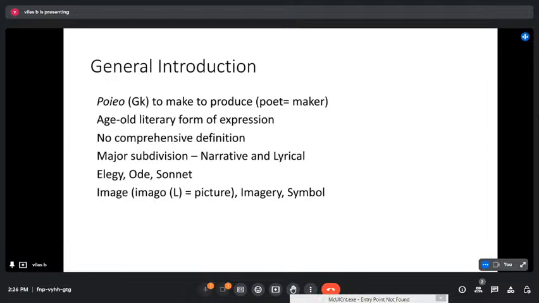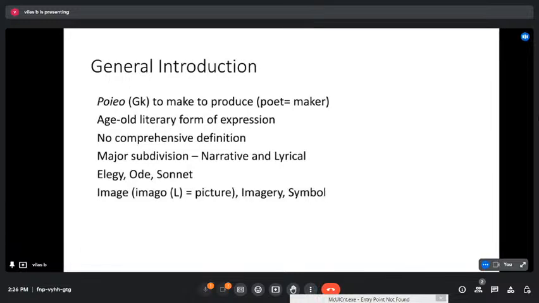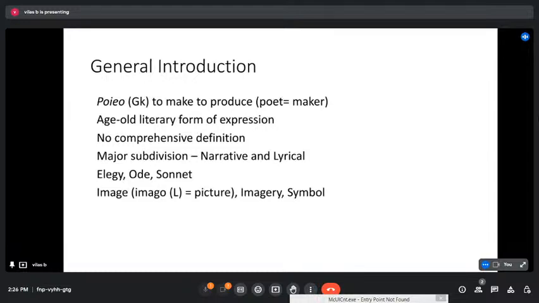So, the attribution of various qualities to poetry we find, considering imagery. The word image comes from the Latin word imago, that means picture, and imagery.